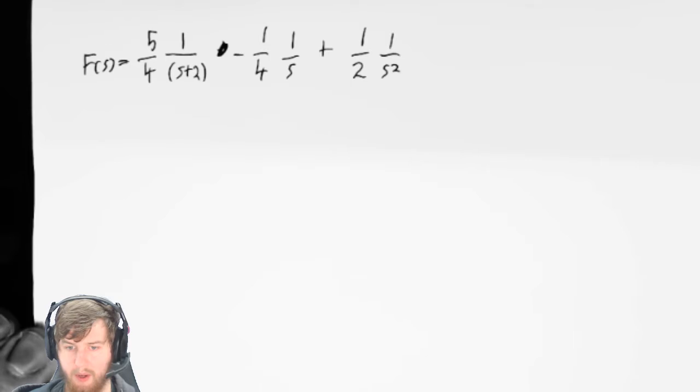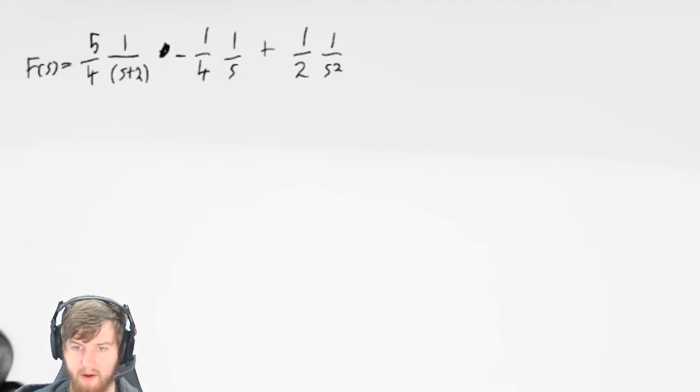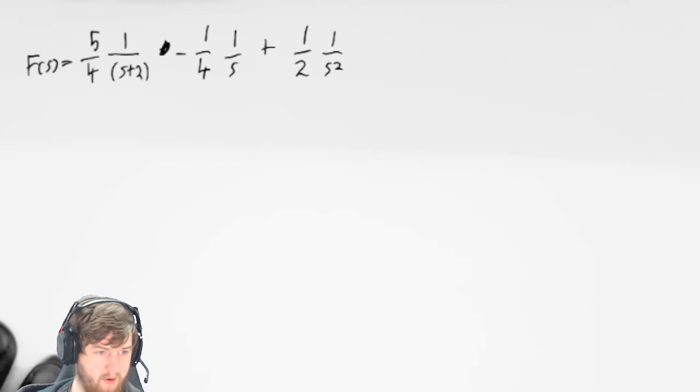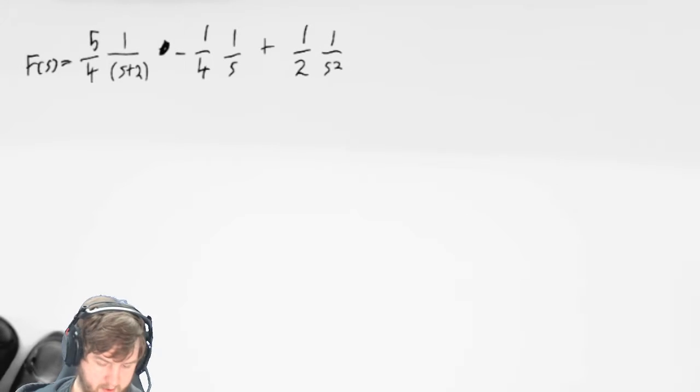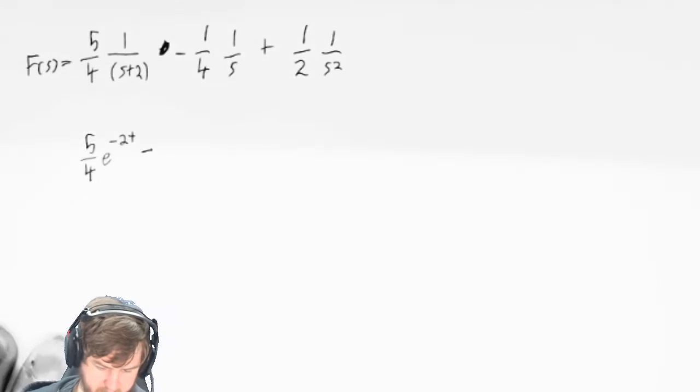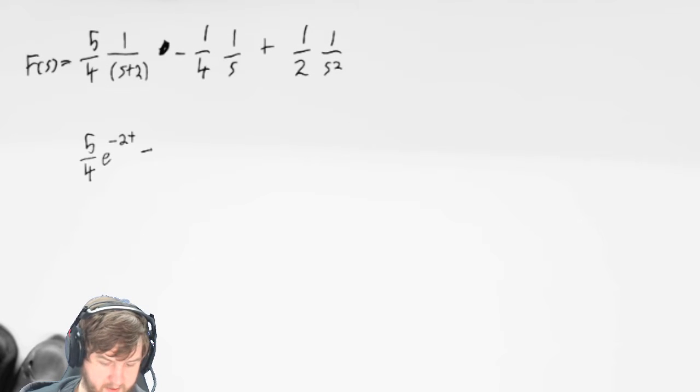Cool. So once we're at this point, now it's just a matter of looking at our Laplace transform table. The 1 over s plus 2 is going to turn into 5/4 e to the negative 2t, minus, so 1 over s is just going to become 1/4.